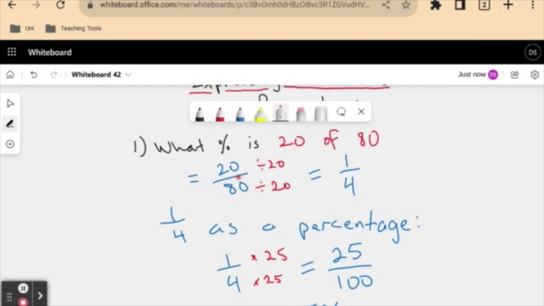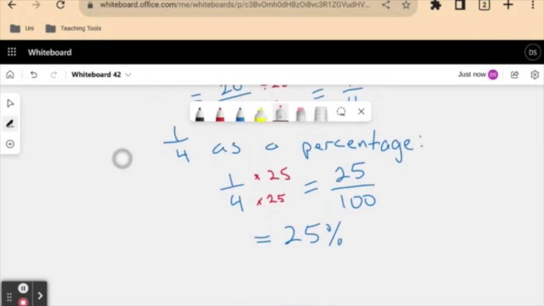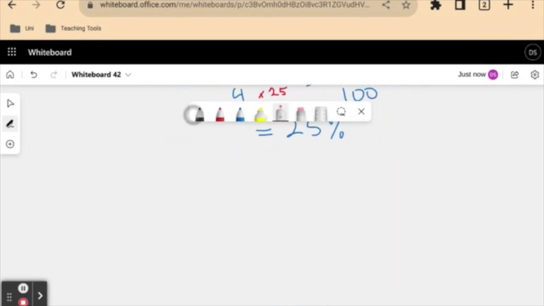And then once we have this as a fraction in its simplest form or not, we can then just convert it to a percentage by getting the denominator to 100. Now, obviously, you can do this with your calculator in a quicker way. I've gone through this in previous videos, but I'm just doing it a bit of a longer way to hopefully give you the intuition there.